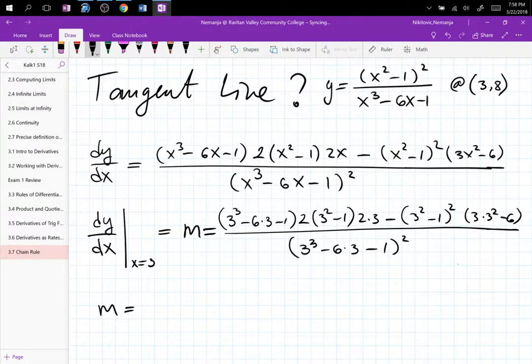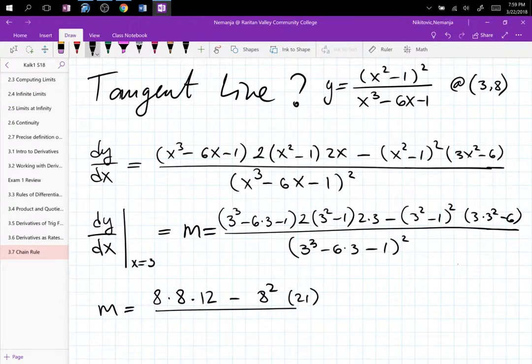I hope that's clear. And then the other parenthesis over here is 8. So you have 8 times 8 times 2 times 2 is 4 times 12. Minus, that's 8 squared. And this is 27 minus 6 is 21. Divided by 8 squared. Oh, great. They all cancel. And all I have is 12 minus 21, which is negative 9.